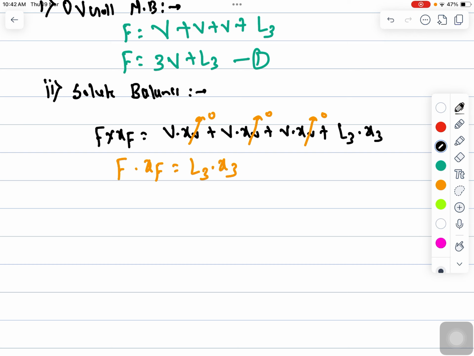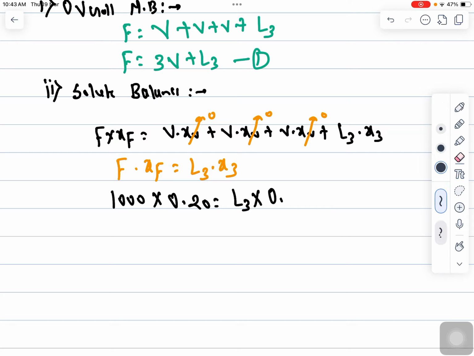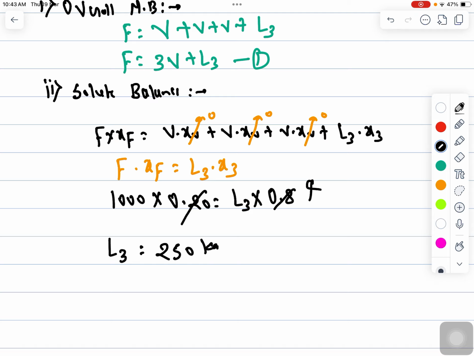You know the value of F is 1000, and XF is also given, that is 0.20. L3 you don't know, but the composition X3 is given, that is 0.8, right? So from here you can calculate the value of L3, which is equal to 250 kg. So the value of L3 you get to know is 250 kg.